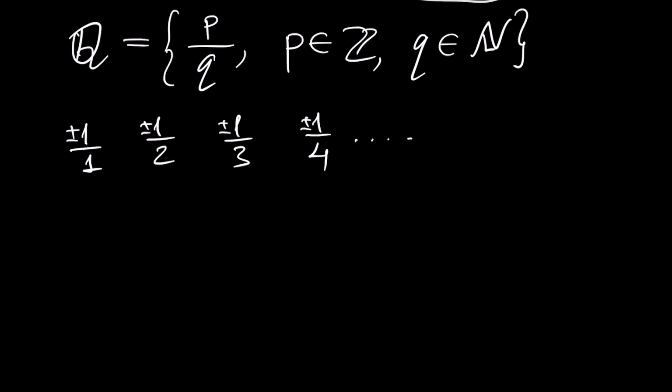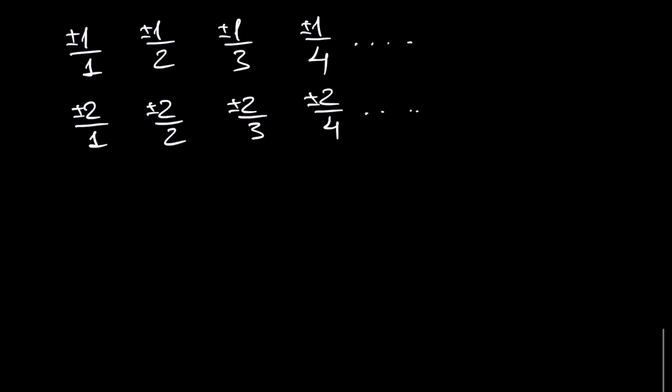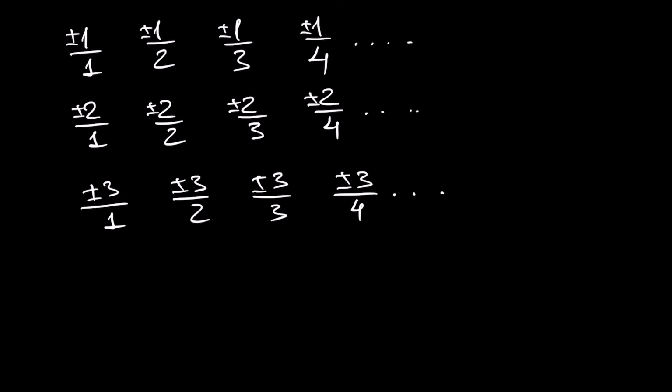And next, we write 2 over 1, 2 over 2, 2 over 3, 2 over 4, and so on, with plus minus. It doesn't matter. Next we write plus minus 3 over 1, plus minus 3 over 2, plus minus 3 over 3, plus minus 3 over 4, and so on.